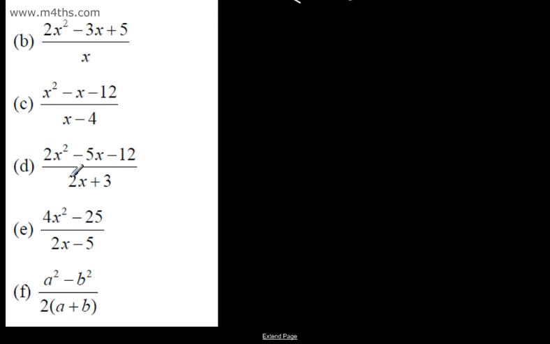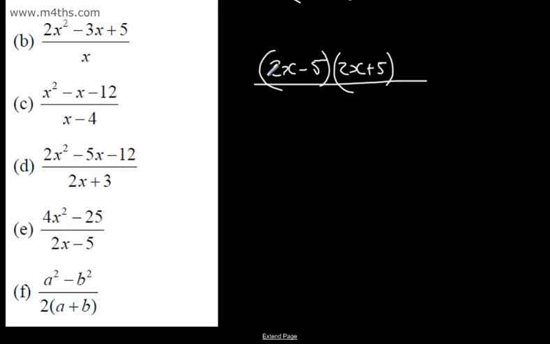So the clue here was that 2x minus 5 is now going to be one of the factors of that quadratic. So factoring the numerator, we're going to have now 2x minus 5, and then we're going to have 2x plus 5. That's the difference of squares in the numerator. If we expanded it, we'll get 4x squared plus 10x minus 10x, with the 10x's cancelling, minus 25.